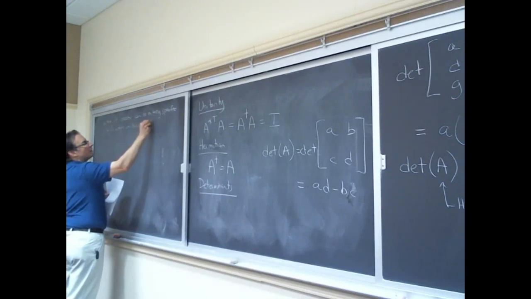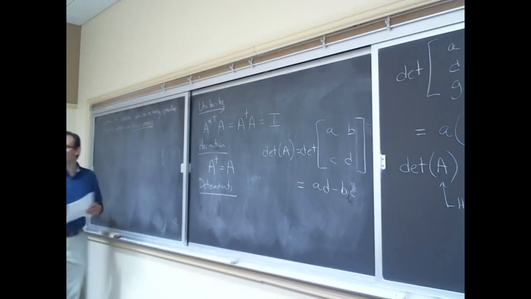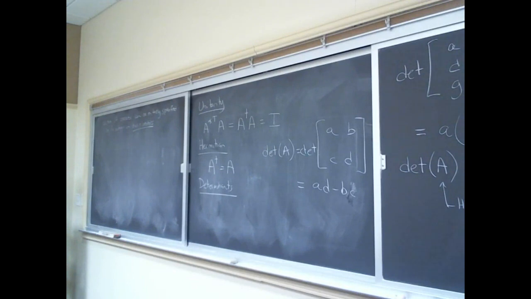Why? Because any other vector in the space can be written as a sum of the basis vectors. So if you know what the operator does to the basis vectors, you can instantly calculate what it does to any other vector in the space.